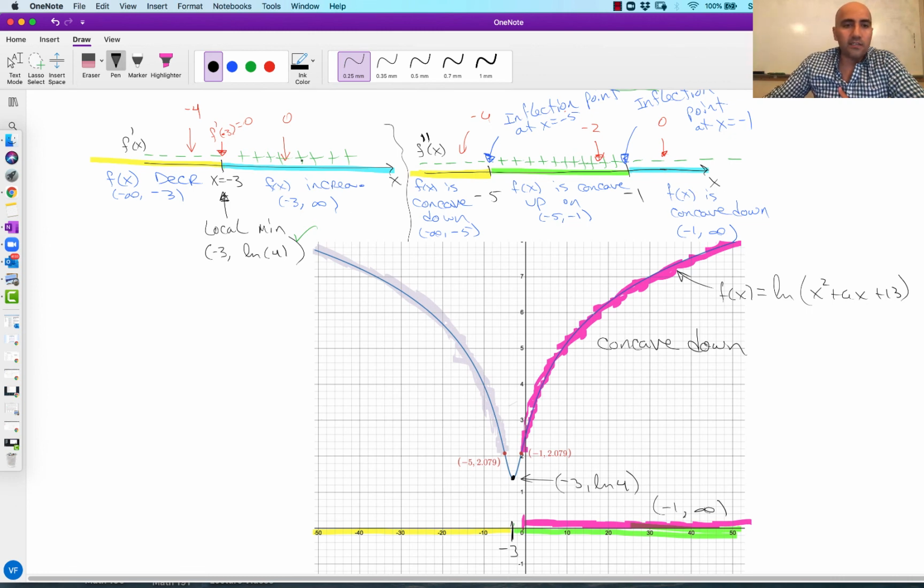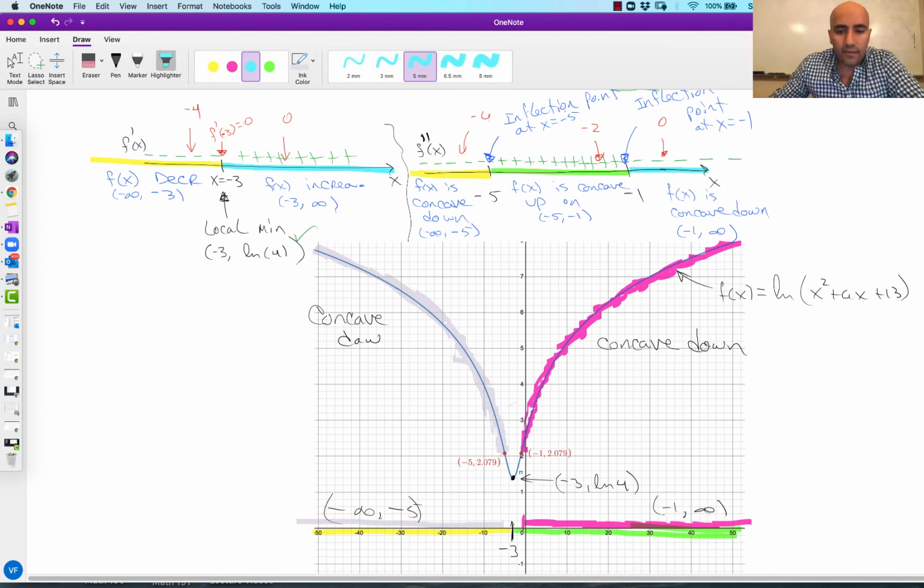And then on this interval over here, from -5, somewhere over this way, our function is concave down there as well. This is on the interval from negative infinity up through -5. It matches. F of x is concave down this way, up to there. And then in this little part, it's concave up.